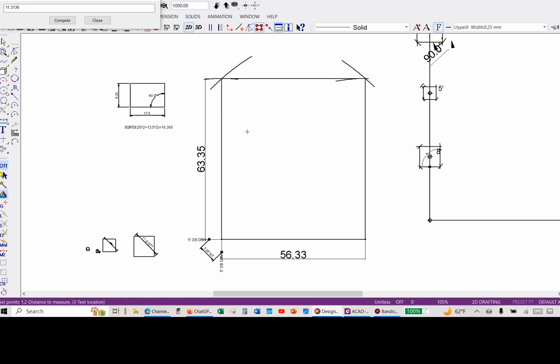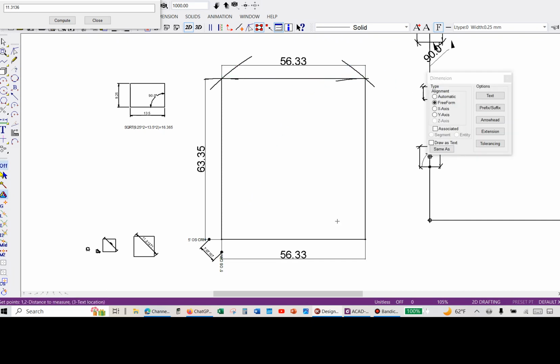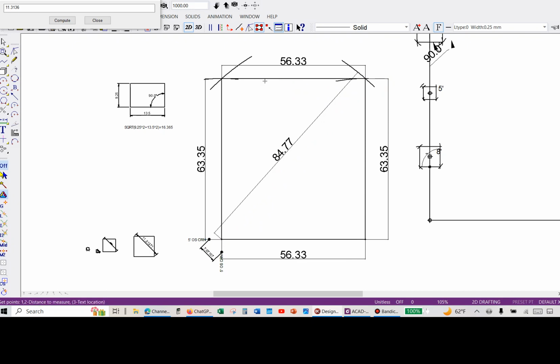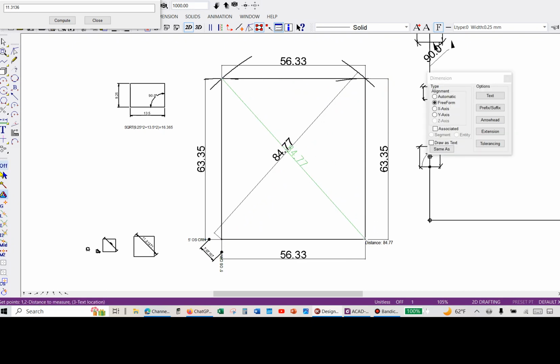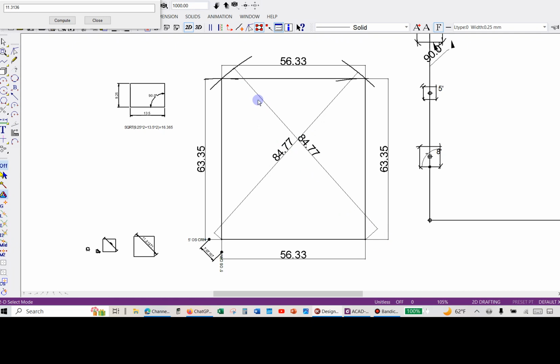And then you double check this, you know, the diagonals are the same, that the widths are the same. So this is very important when you're doing that. Double check the lengths, that they're the same, that they are what they're supposed to be. And then you check the diagonals to make sure they're the same. Because if the lengths aren't the same, you could end up with the same diagonals, but let's say that's 56.33 and that's 56.25. You have an inch or an inch and a half difference, these diagonals could be the same, but you wouldn't be square.